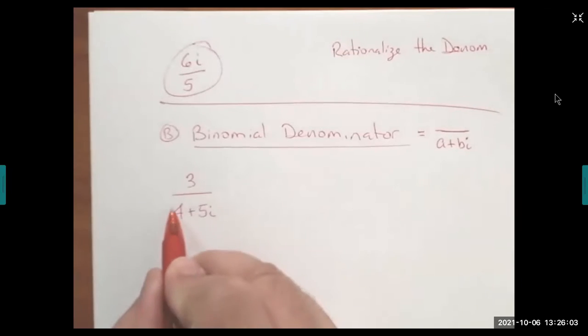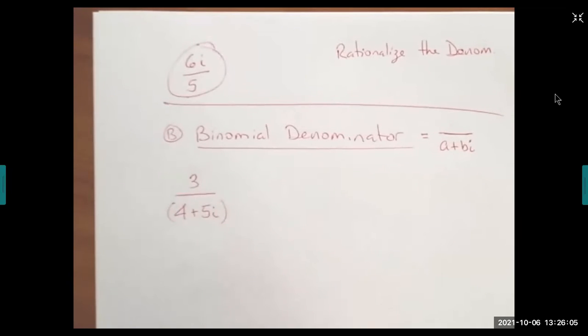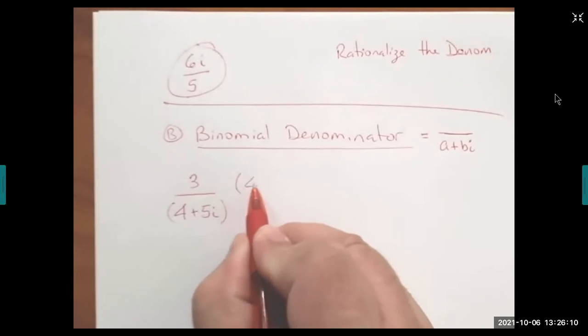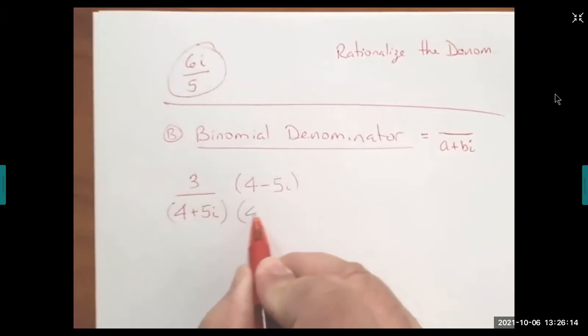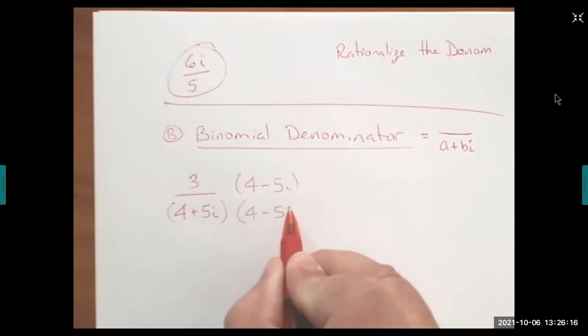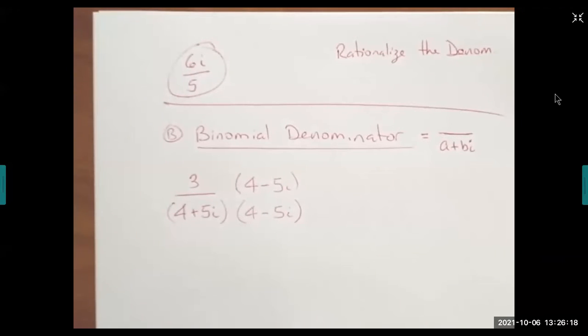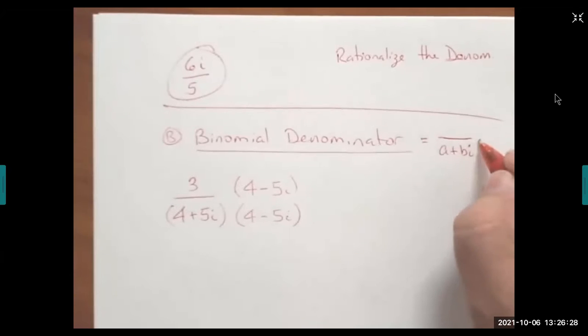So since there's an i on the bottom, what do we multiply by? We multiply the top and bottom by the conjugate.